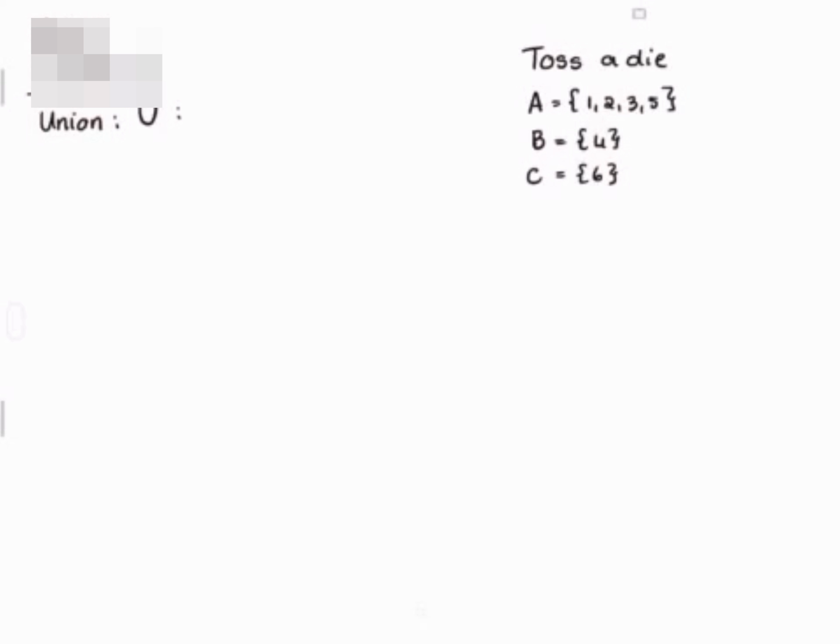And the union is the same as saying or, and we mean, both are acceptable. If the answer comes from one or from the other, then it's acceptable.